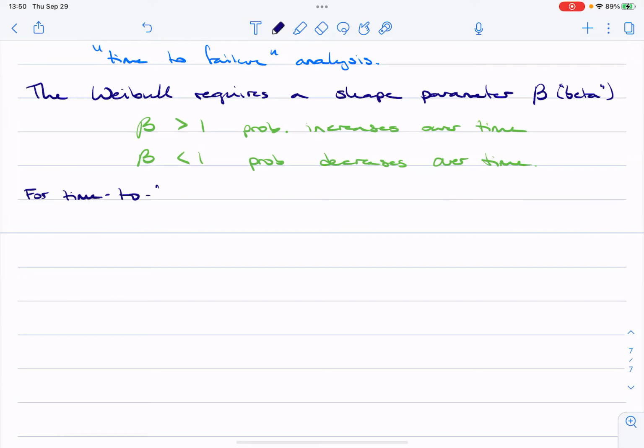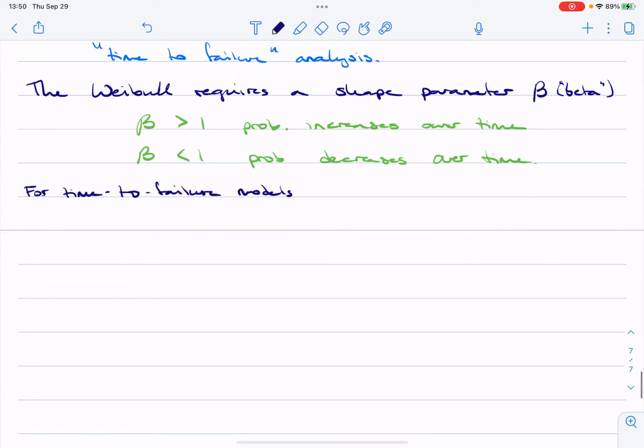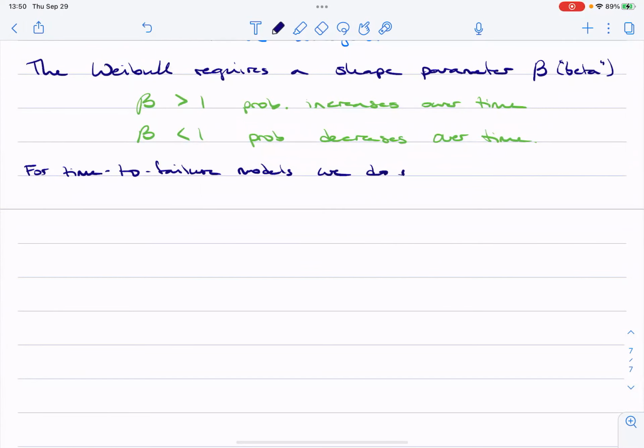For time to failure models, we do not use lambda.